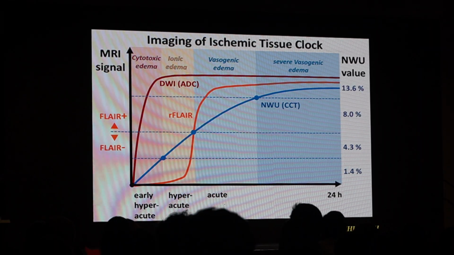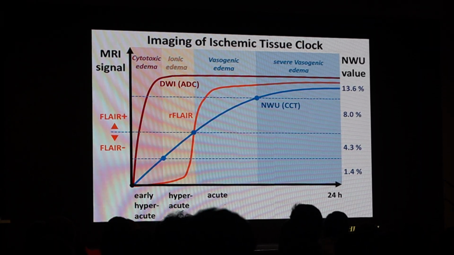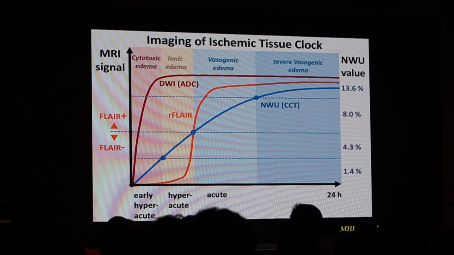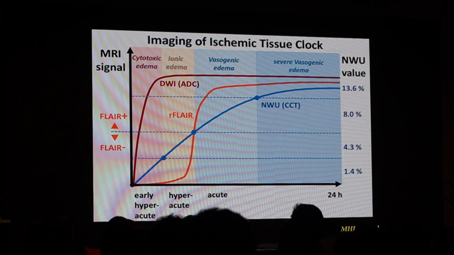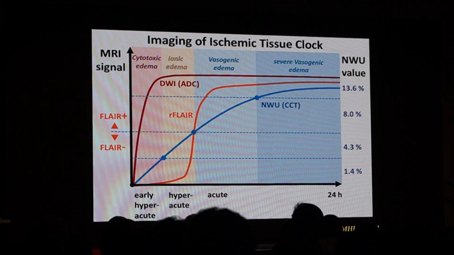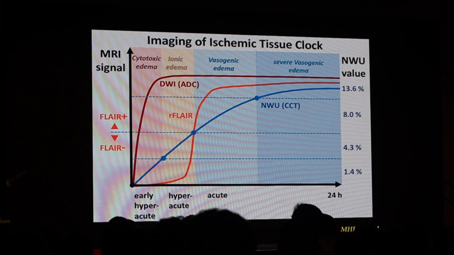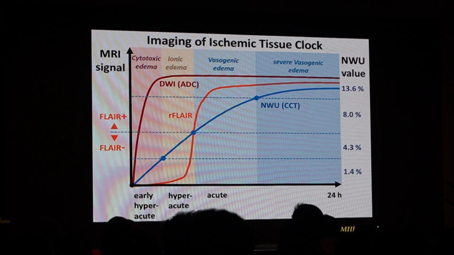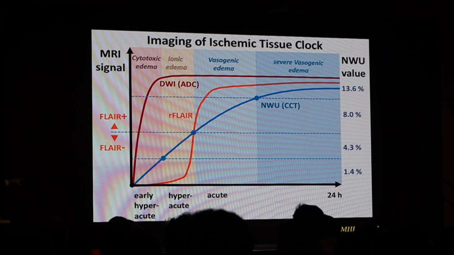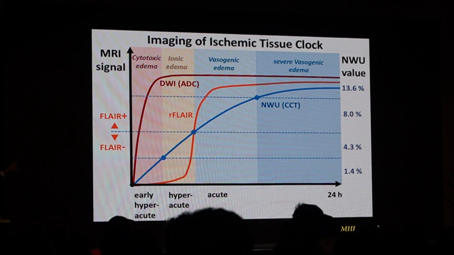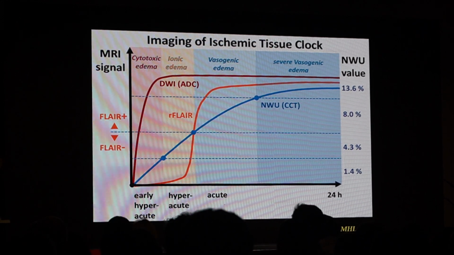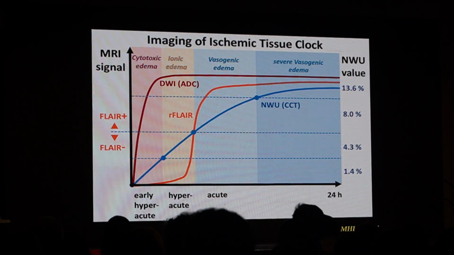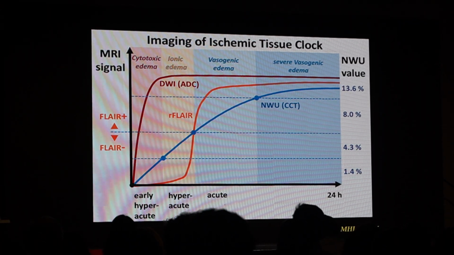Net water uptake is more interesting not only because it's earlier than FLAIR or anything except the ADC, but also because it's almost linear. It's showing you almost like the time progression, and there's this hidden stage of edema called ionic edema. What is ionic edema? Most of you have probably never heard of it. Anyone who's a stroke researcher has heard of it all the time, but we never image it.